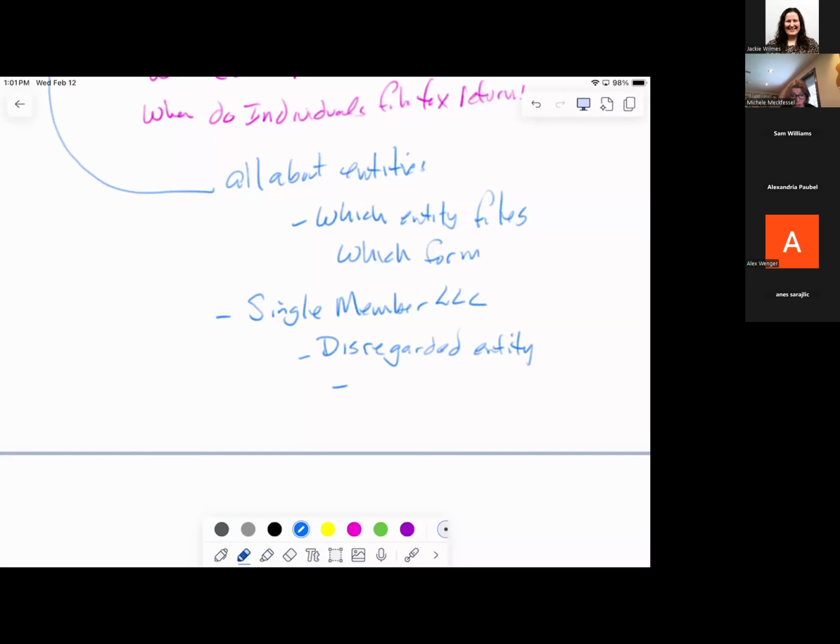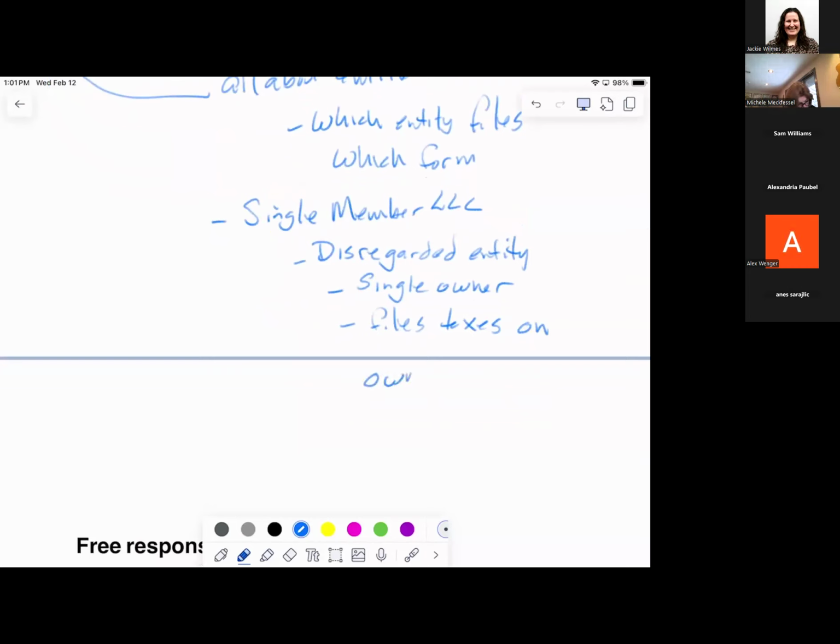And because it's a disregarded entity, it has a single owner and files taxes on the owner's form. So if you have a single member LLC that is owned by one person, then all of that LLC income flows through to a 1040.